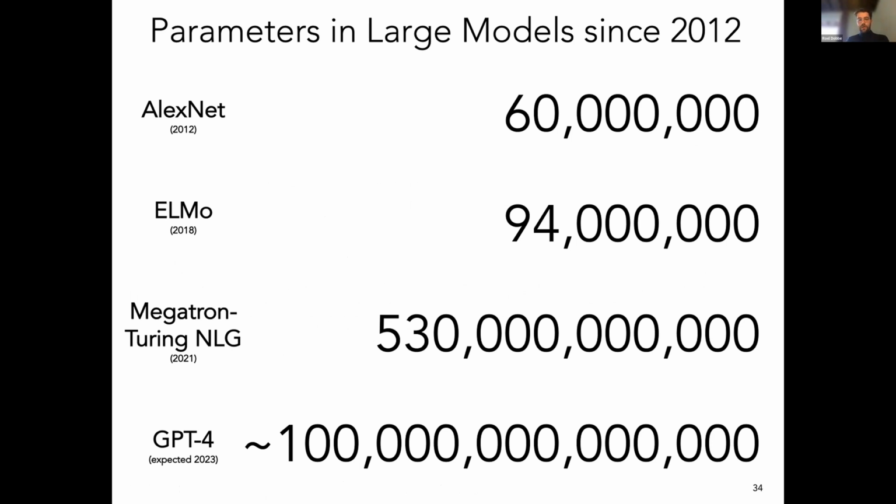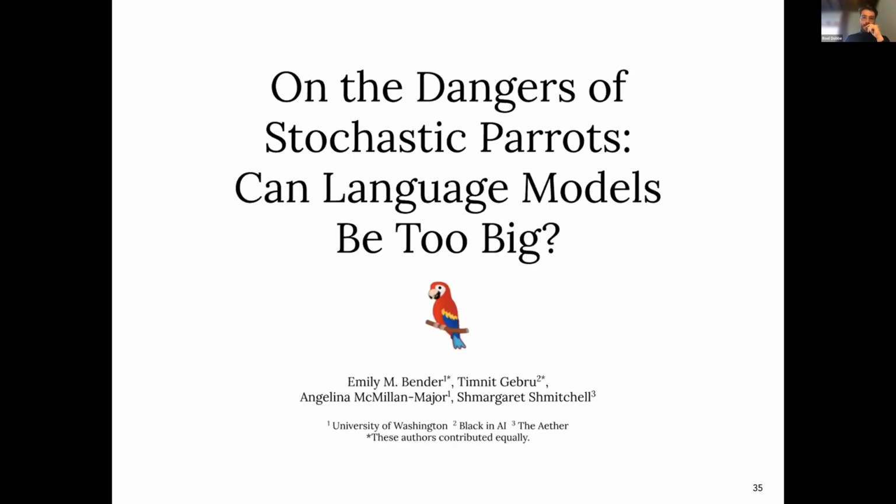We're now, in 2021, at 530 billion parameters, and we're going towards 100 trillion parameters. Nobody understands, for a long time, nobody has understood how these models work, and we will never. However, we're using them in many sensitive contexts. So this tells you something to think about, what we're up against.